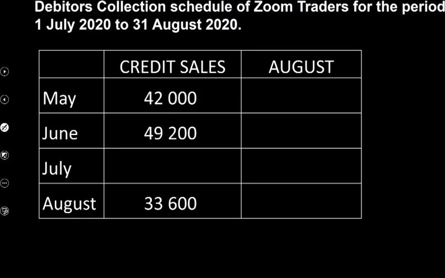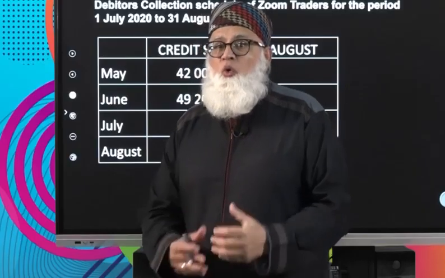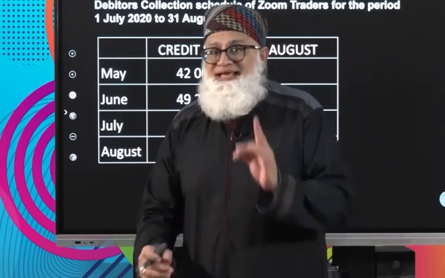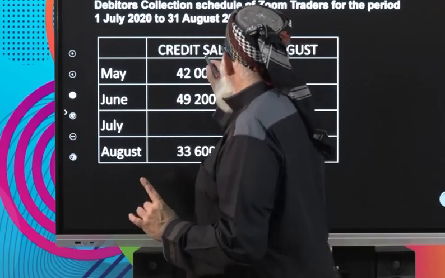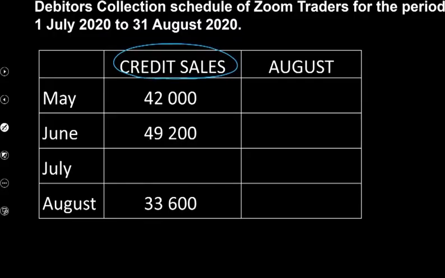So, very, very important. Whenever you are asked to complete a debtors collection schedule, what you require is definitely your credit sales.